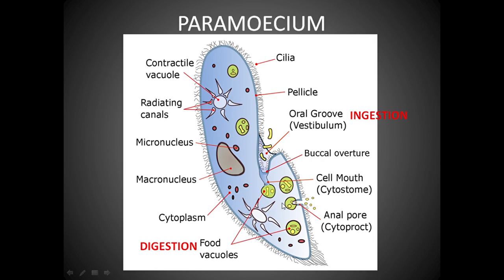And at last comes the egestion process, that is, undigested food material is thrown out of the body. Here you can see the undigested food material being thrown out through the anal pore. So that's the egestion process, and that's about the paramecium. Now we'll straight away move to the nutrition in human beings.